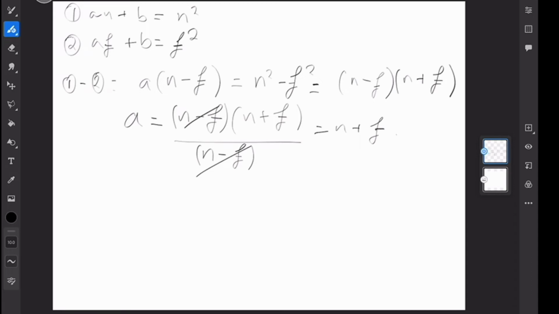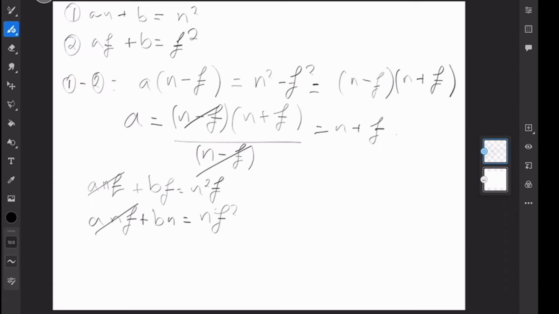Then let's take equations 1 and 2 and multiply them to get a common term, af, which we can then subtract. So the system of equations becomes: multiply the first equation by f, and the second equation by n, and then go ahead and subtract that. So this common term cancels out.